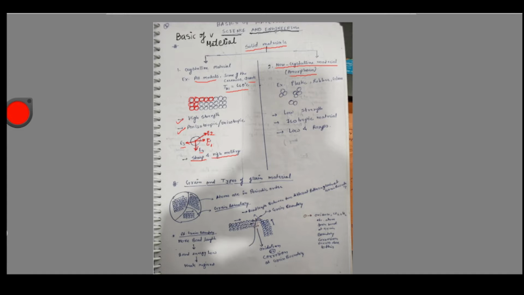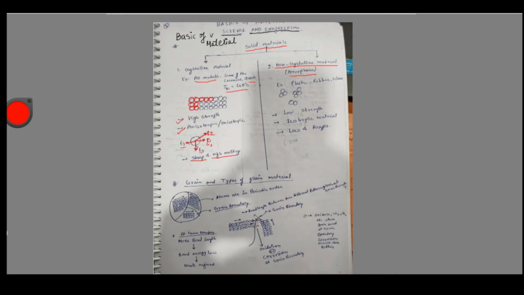Non-crystalline materials mostly are amorphous in nature.